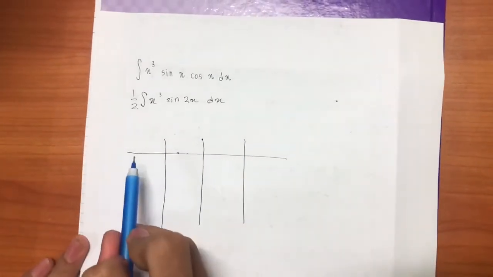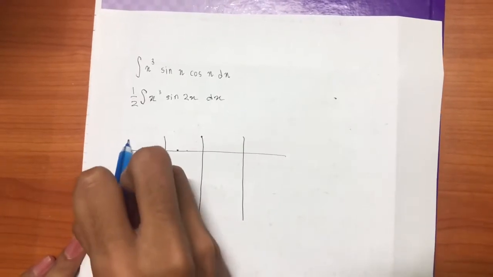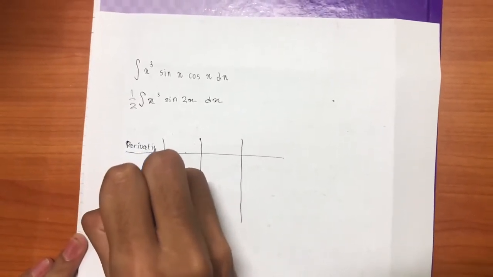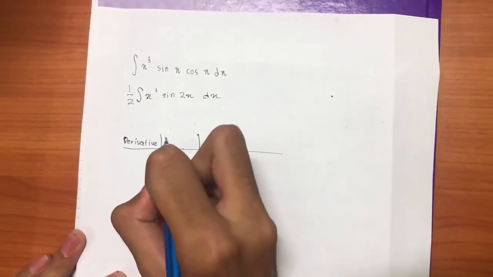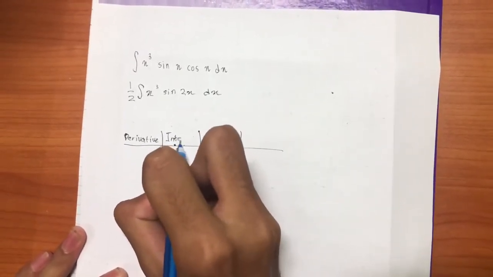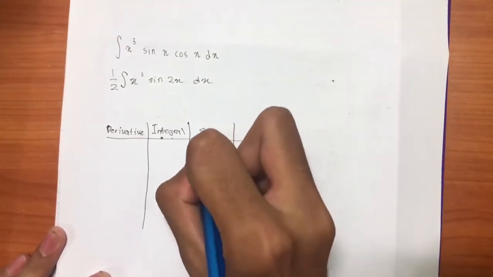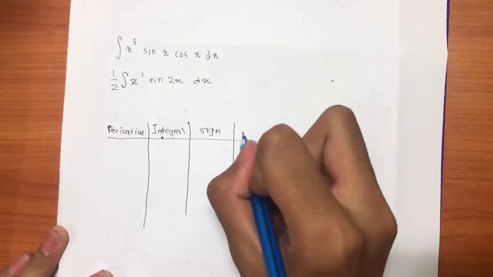So the first box is for derivatives. The second one is for integral. The third one is for sign, and the last one will be for product.